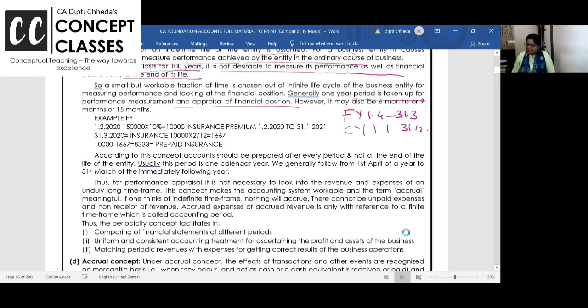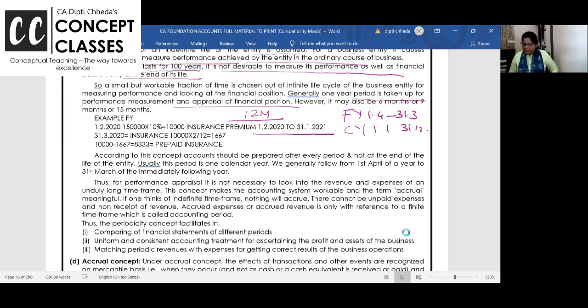Let us take this example. Suppose you have purchased a vehicle on 1st February. Whenever you purchase a vehicle or building, you pay insurance annually. Annual means 12 months, so you are paying the annual insurance premium for 12 months.